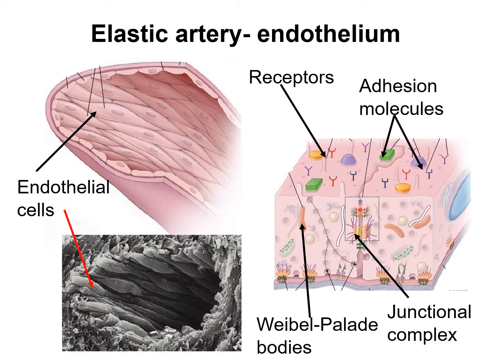All three kinds of junctional complexes are seen, and during inflammation, especially in the postcapillary venules, they allow substances from the lumen of the blood vessels to pass outside to produce inflammation.